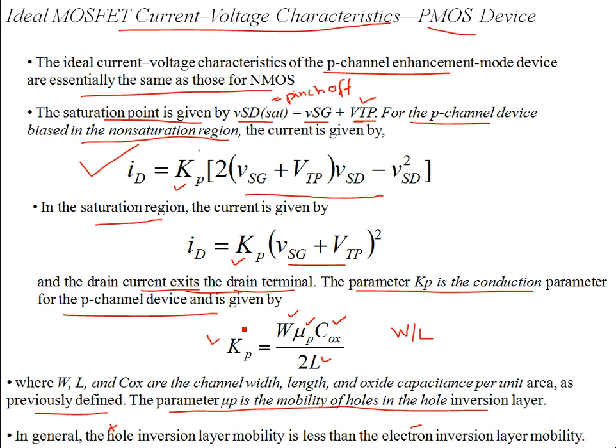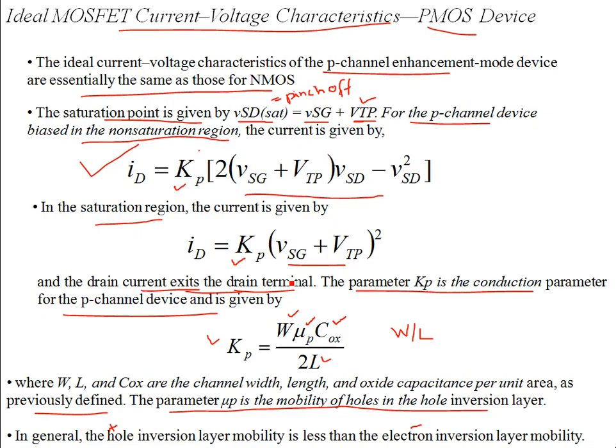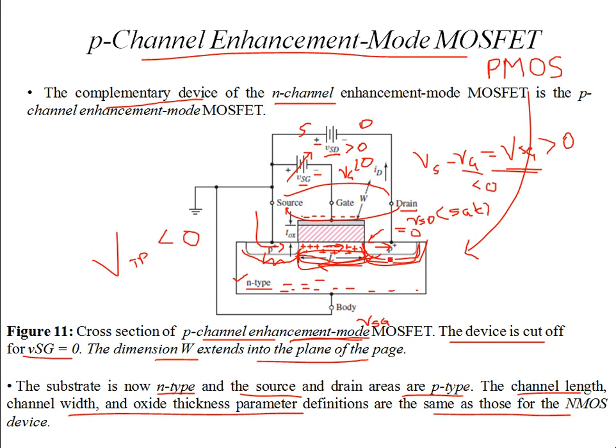For a p-channel MOSFET biased in the saturation region, you need to have VSD greater than VSD sat, which is equal to VSG plus VTP, the threshold, because this is the point at which the channel is just pinched off.